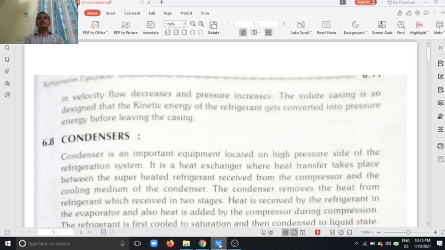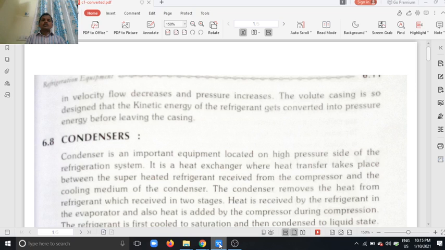We know already that in a condenser, condensation takes place. Condensation means it converts vapor to liquid. At the same time, it is also called a heat exchanger. It exchanges the heat from the refrigerant to the surroundings.